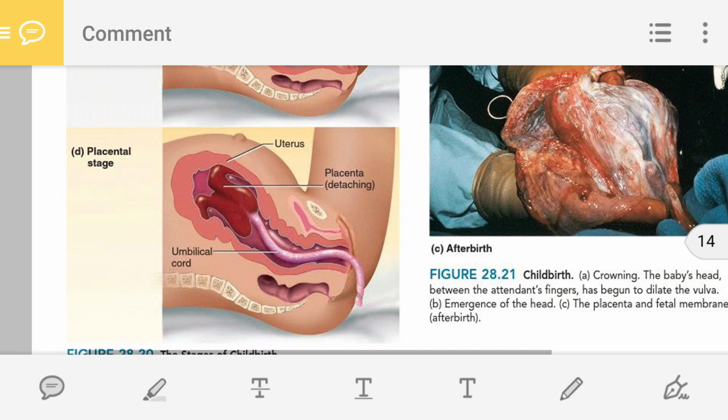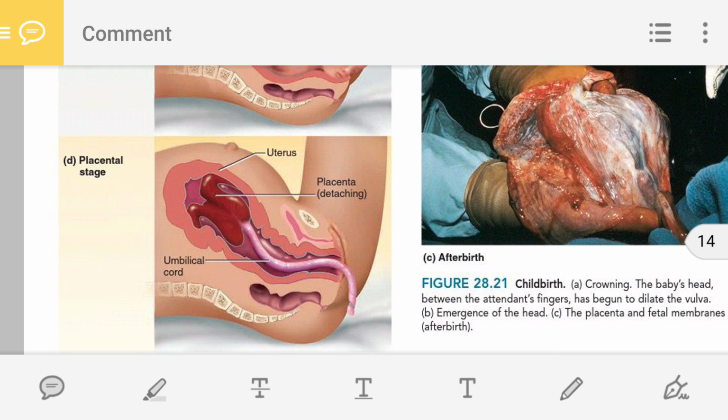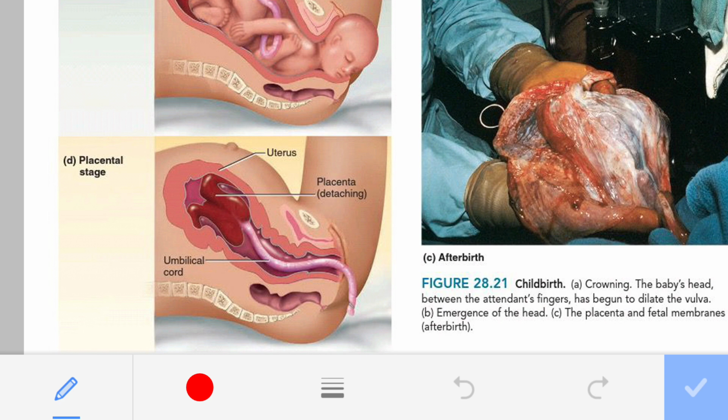Okay, so what I'm trying to explain is that when the mother gave birth to the baby, the baby's body came out, and this umbilical cord has come out along with the baby's body, and you can see this entire structure, that is the maternal placenta and the fetal placenta. They also come out, and the extra embryonic membranes.